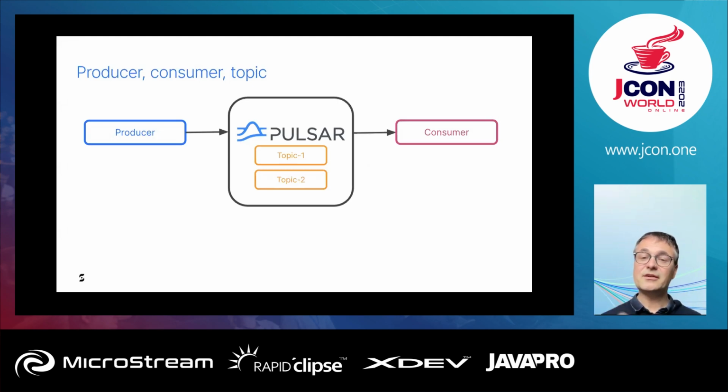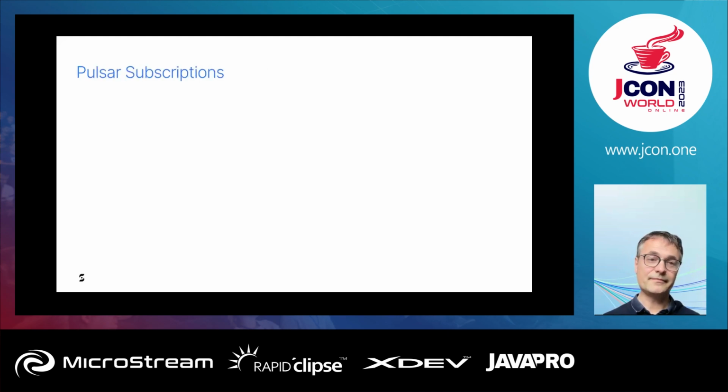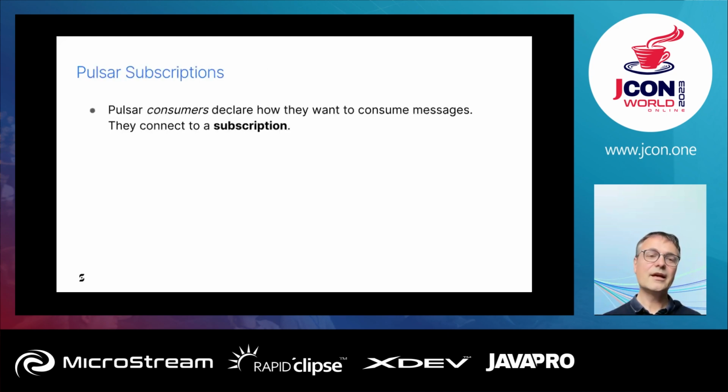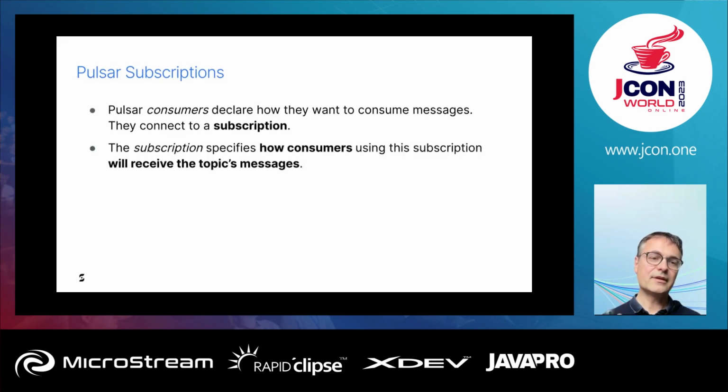However, Pulsar brings an additional concept. This is the subscription. Pulsar consumers declare how they want to consume messages. For that, they connect to a subscription. The subscription specifies how consumers using the subscription will receive the topic's messages.